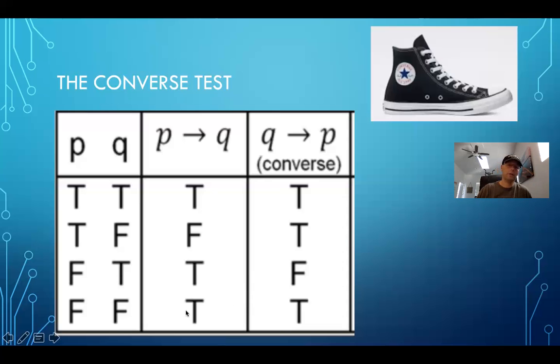So because this column doesn't perfectly match this column, we have now proven that these two things are not logical equivalents. If we would have gotten a perfect match in this column to this column, then we would have said, yes, these two statements, the column headings, are logical equivalents.